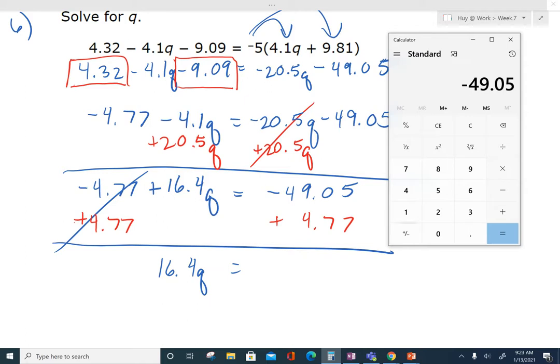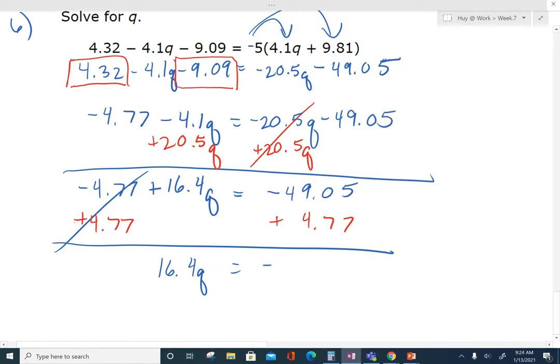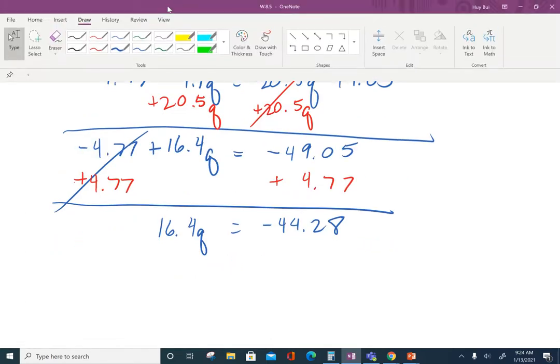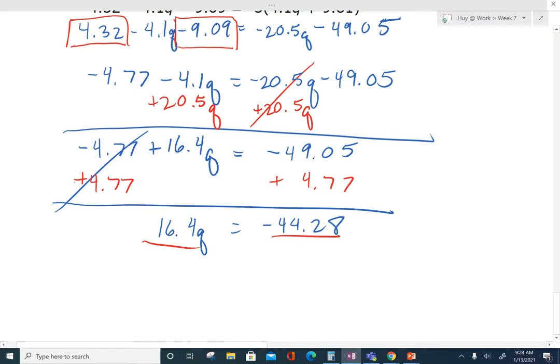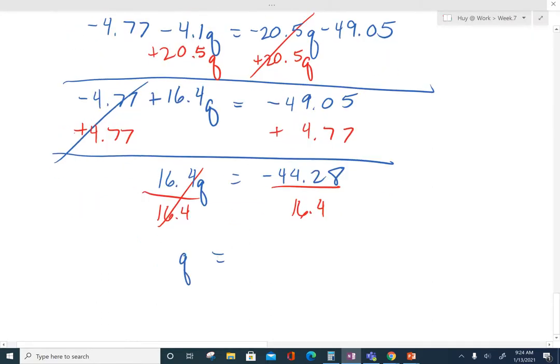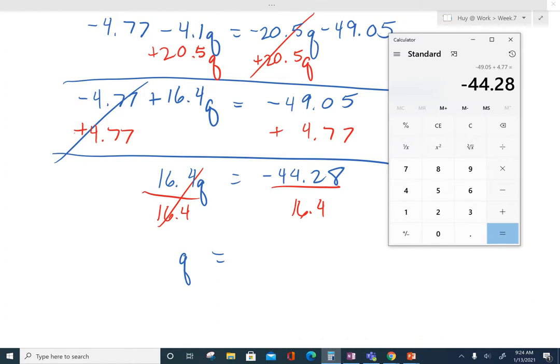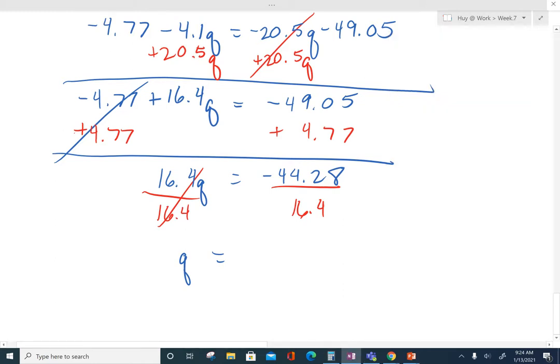Negative 49.05 plus 4.77, and that's a negative 44.28. Now I'm going to have to divide both sides by 16.4 so that it cancels out right there, leaving q alone. So I'm going to also divide it on the other side of the equation. So now q equals negative 44.28 divided by 16.4. That equals negative 2.7.